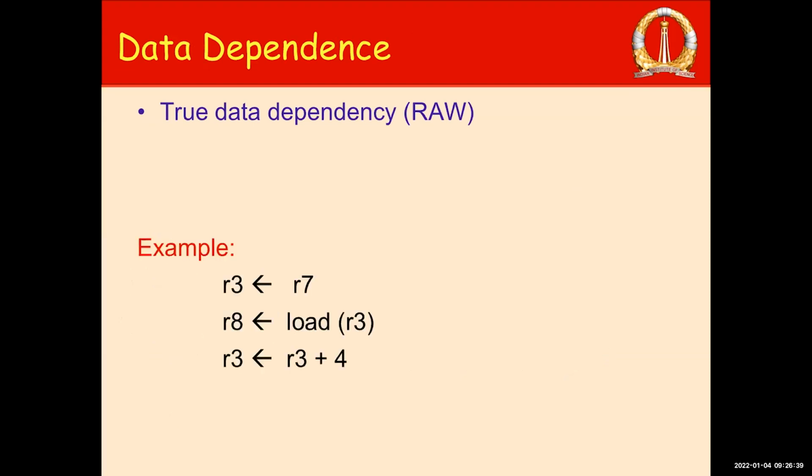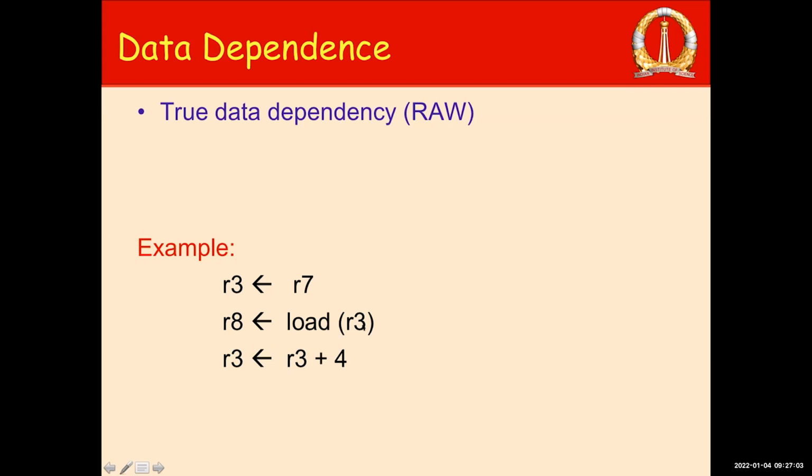Let's take this particular example of an instruction sequence, where the first instruction copies some value from the R7 register into R3, and then the second instruction uses that value of R3 to perform a load operation, and the third instruction computes something and stores the value back into R3.